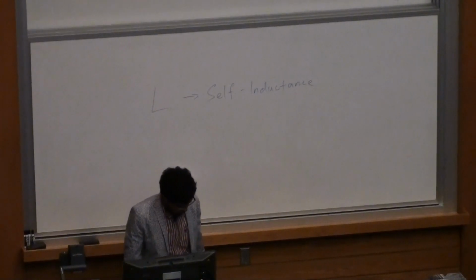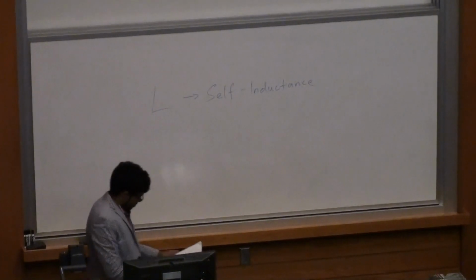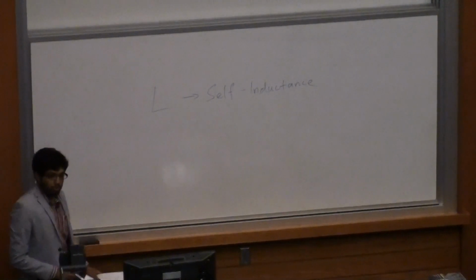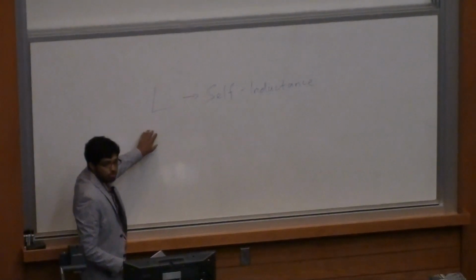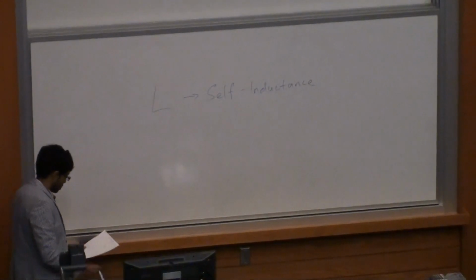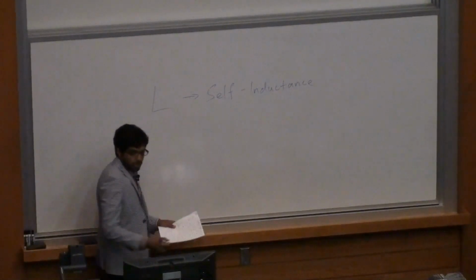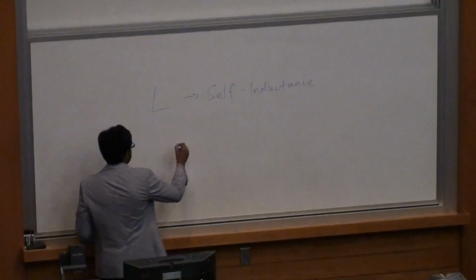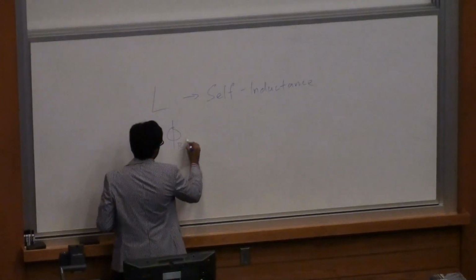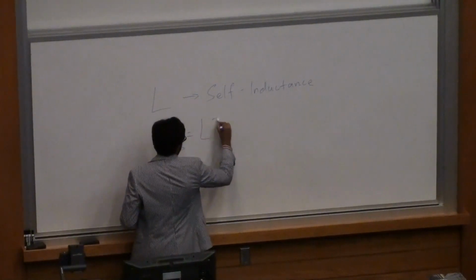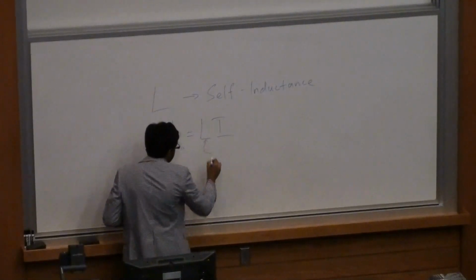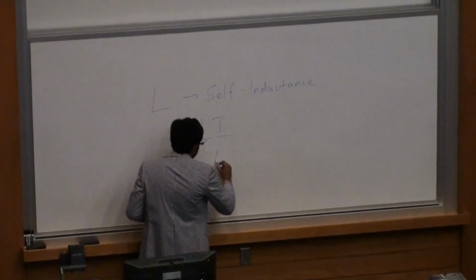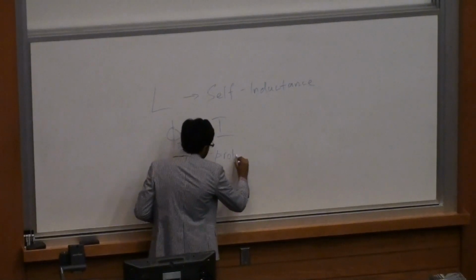It's trying to fight the change, and the magnetic flux that's produced by a circuit is always proportional to the self-inductance and to the current. So we can say magnetic flux is equal to L times I.